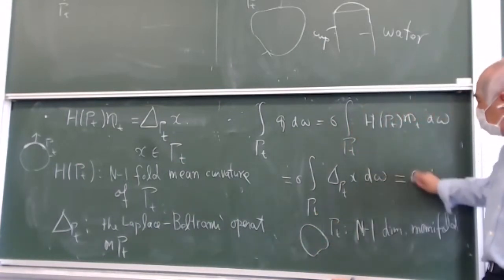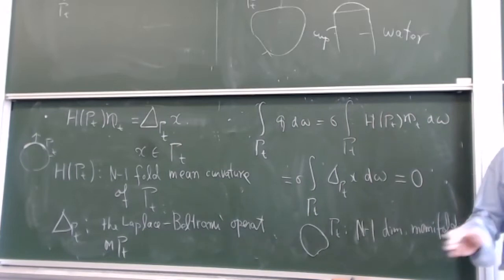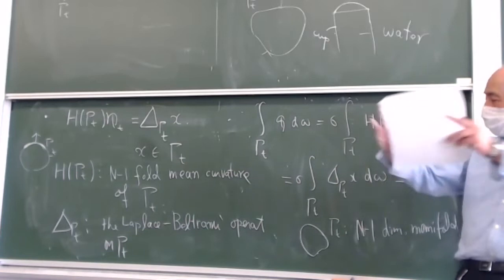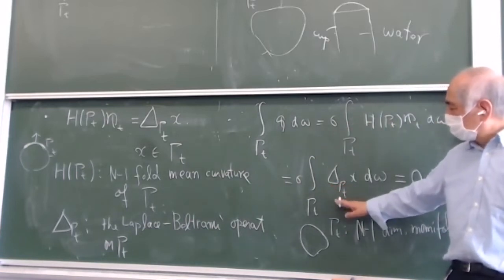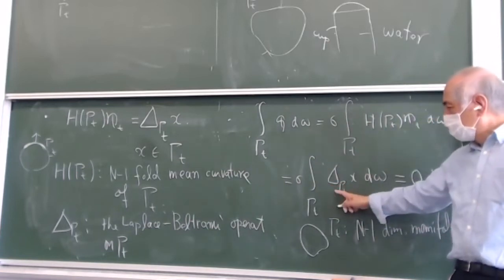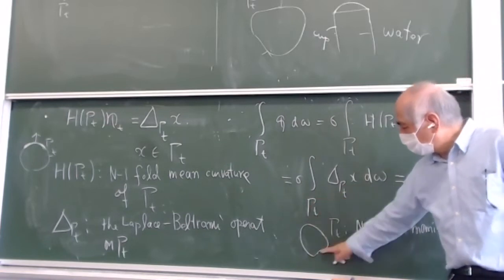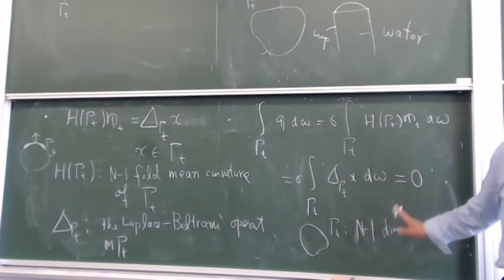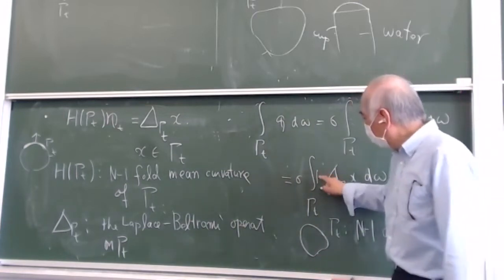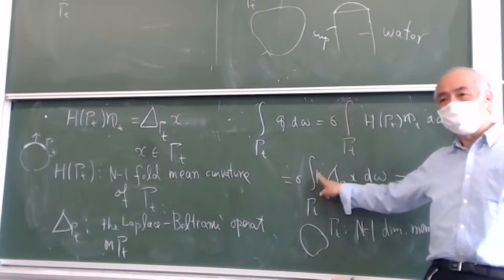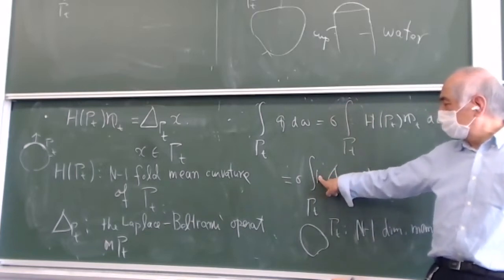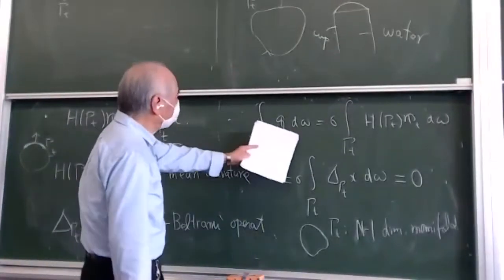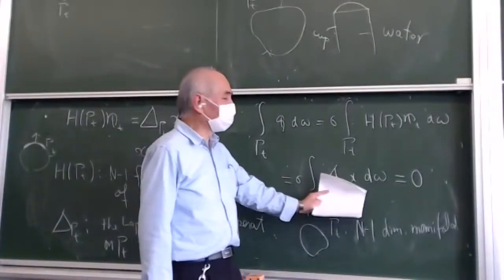Therefore, this is 0, because this is a Laplace-Beltrami Laplacian, and this is a surface with no boundary, so its integration by parts is 0. One times this one, so integrating by parts gives the gradient, which then vanishes. So surface tension satisfies this condition.